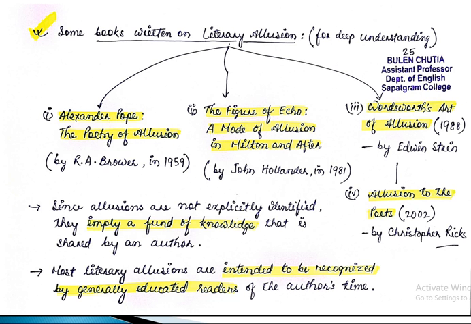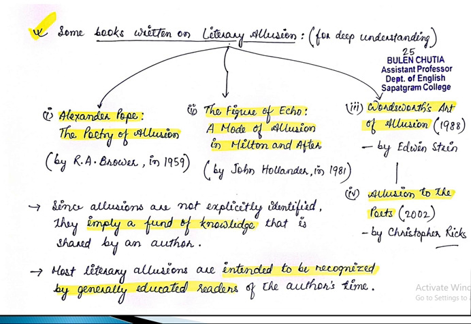Number two is The Figure of Echo, a Mode of Allusion in Milton and After, by John Hollander in 1981. Number three is Wordsworth's Art of Allusion, 1988, by Edwin Stein. And number four is Allusion to the Poets, written by Christopher Ricks in 2002. Okay, you may go through these books to understand allusion deeply.